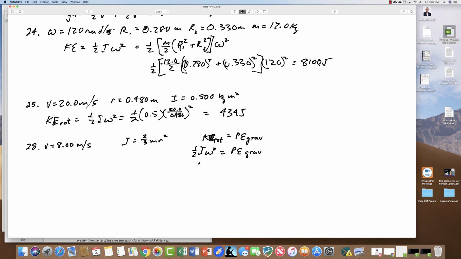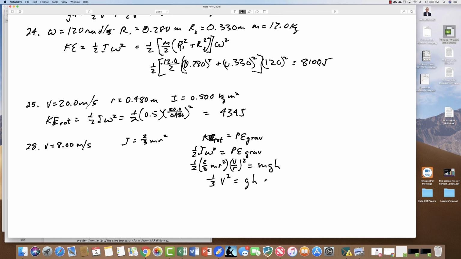And so 1/2 times 2/3 mr squared times v over r squared is equal to mgh. So 1/3 v squared is equal to gh.